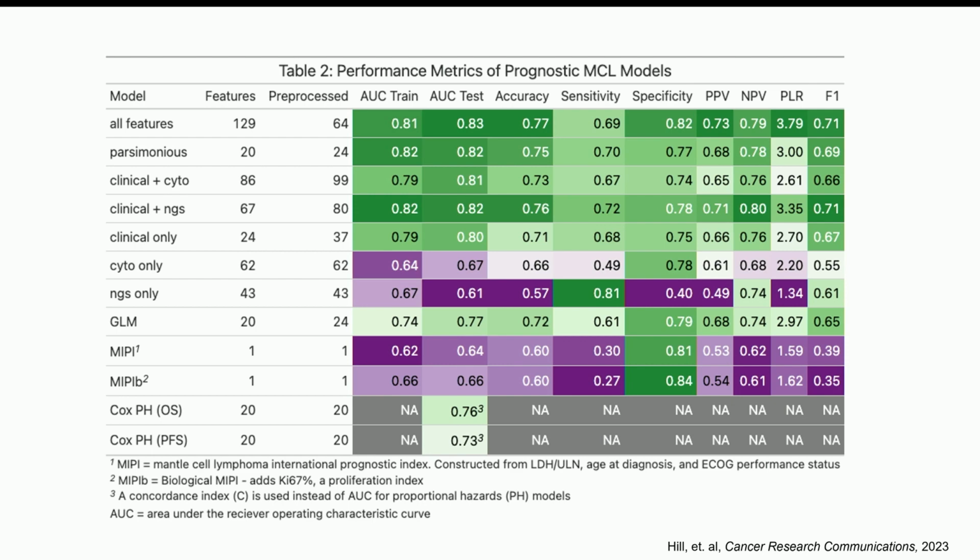And this is just a table from our publication showing the different performance metrics of these models. And like I said before, our all features models that had 129 features, our parsimonious model with only 20 really performed just about as well, which was very interesting to us.